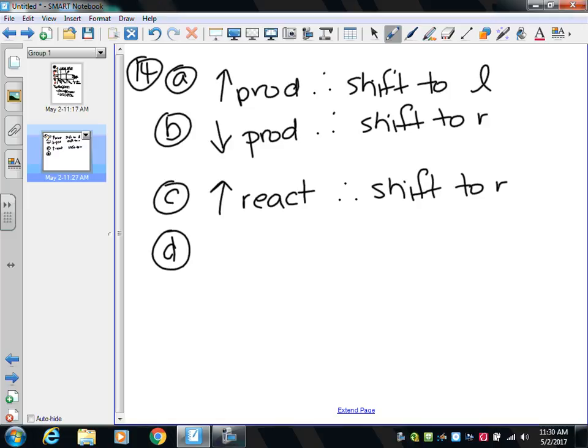Adding something to the system to absorb CO2, what does this mean? CO2 is decreasing. Is my CO2 a reactant or a product? So decreasing the reactant, when that happens, which way is it going to shift?